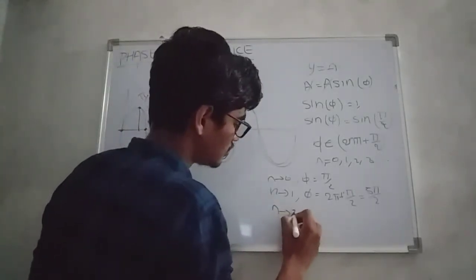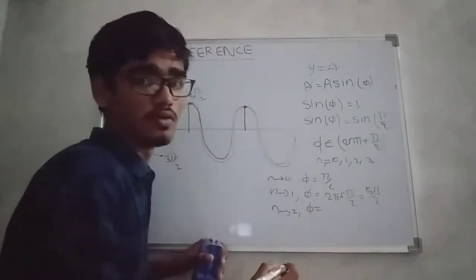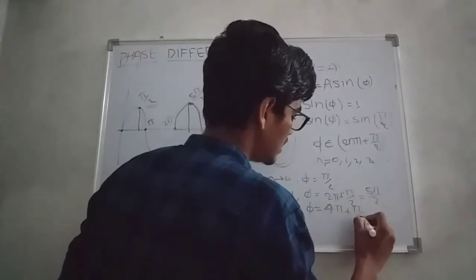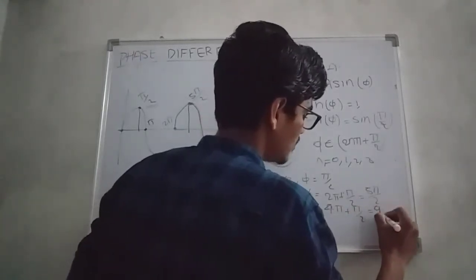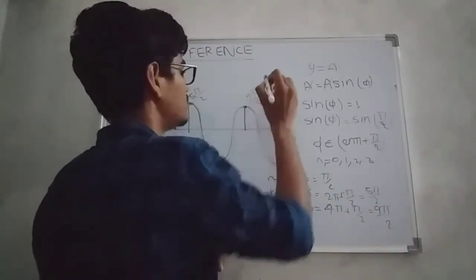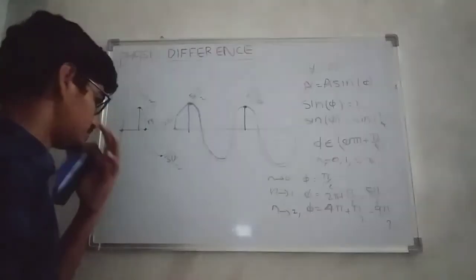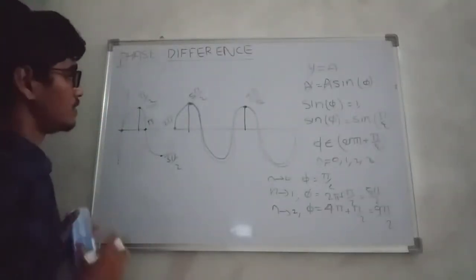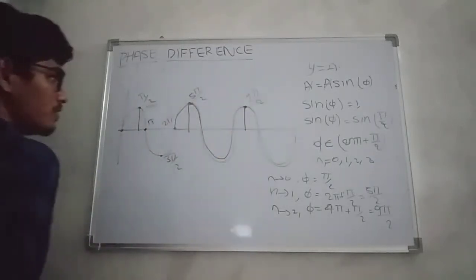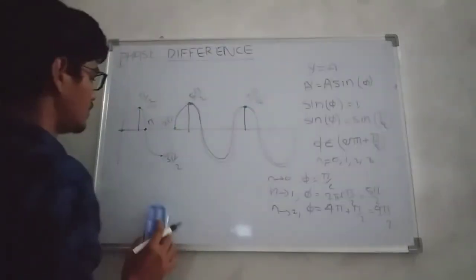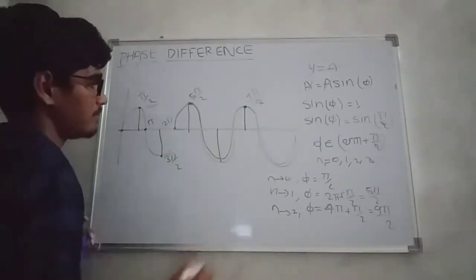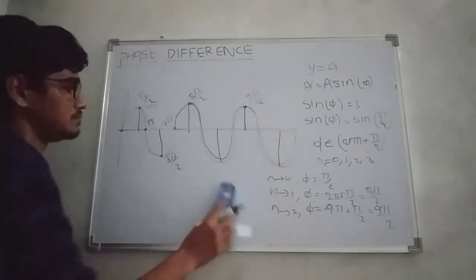And if we substitute n equal to 2, we get phase 4 pi plus pi by 2, which is equal to 9 pi by 2, which is the phase of this particle. So now we know why the phase of this particle is pi by 2, 5 pi by 2 and 9 pi by 2. I want to explain why the phase of this particle is 3 pi by 2.